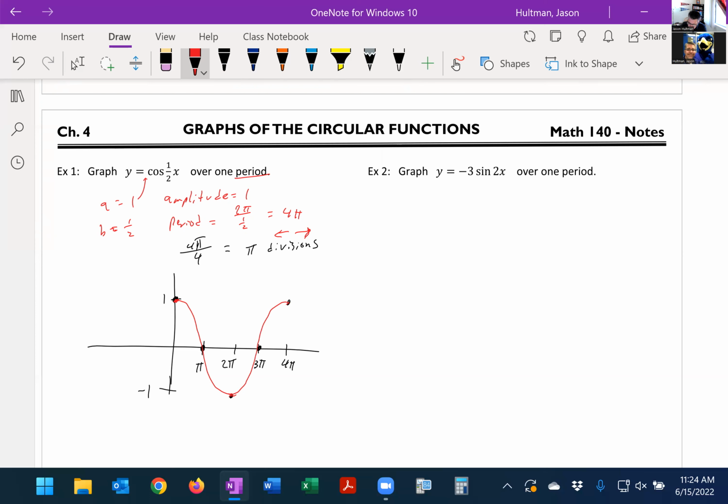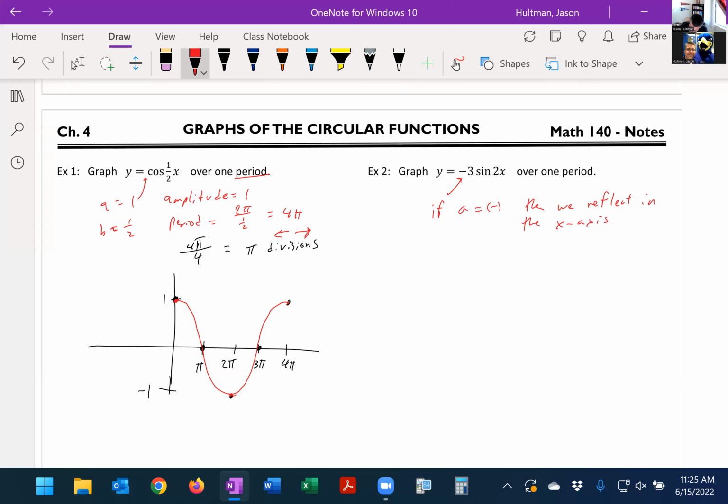Okay, example 2, graph y equals -3 cosine 2x. The negative here does something interesting. We didn't talk about that on the previous page, but if a is negative, then we reflect or flip in the x-axis.